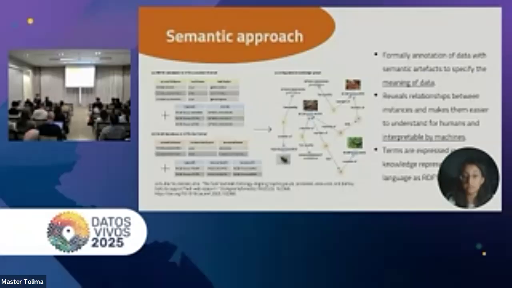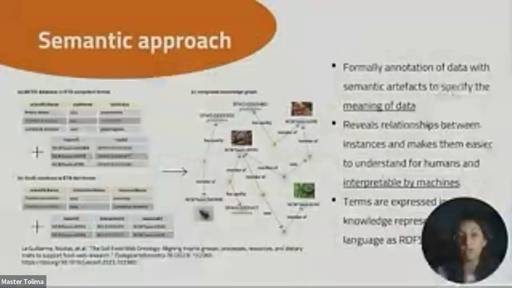These terms are expressed in knowledge representation languages such as RDF Schema, OWL or SKOS. So what we do is to basically turn a flat table of information into a knowledge graph.